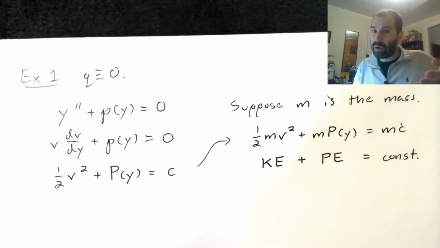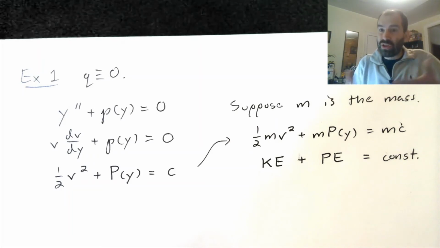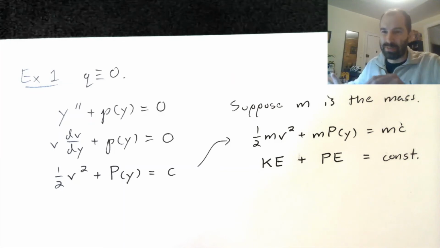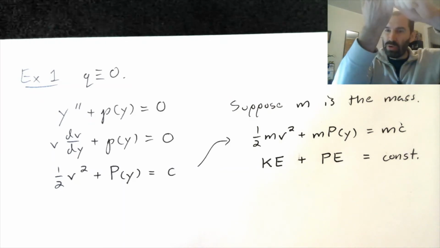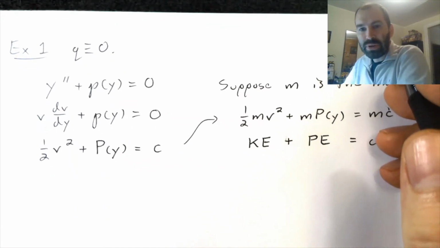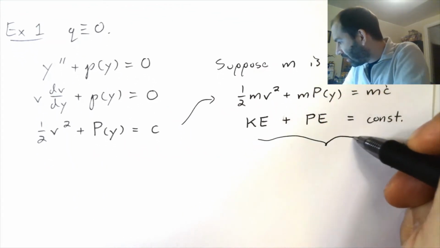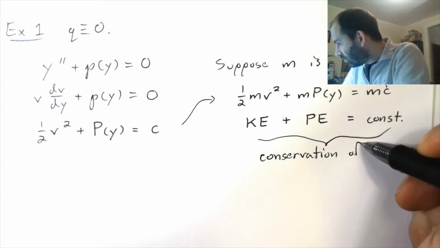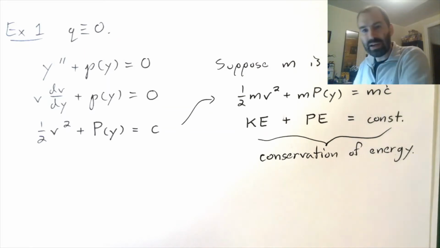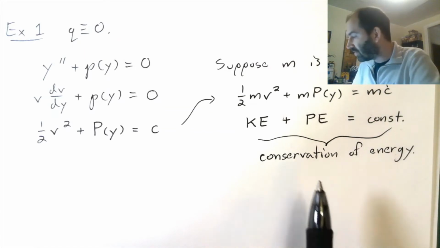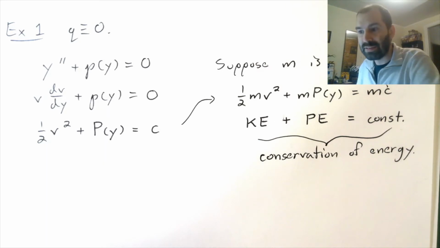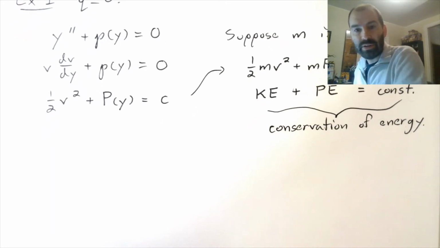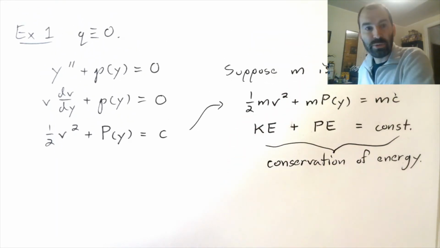You can transform potential to kinetic, but the sum total is always the same, unless we introduce new energy into the system. If I lift it up again, I'm imparting new energy into the system. So we're thinking of a closed system here. But the point is that this equation is called conservation of energy. Energy is conserved. The sum of these two things is always equal to the same constant. That's a really cool property that just comes out of the differential equation here.